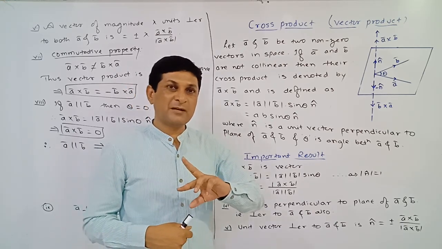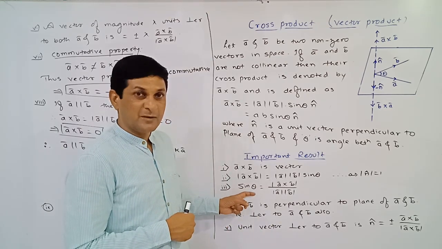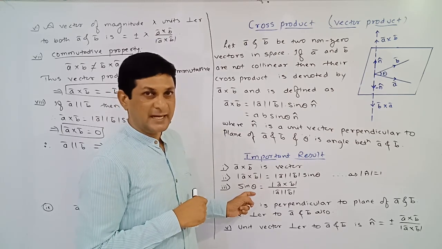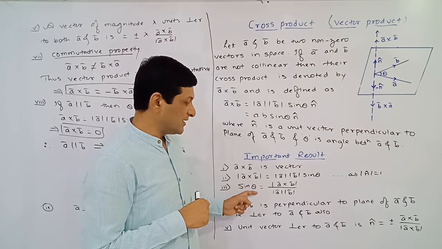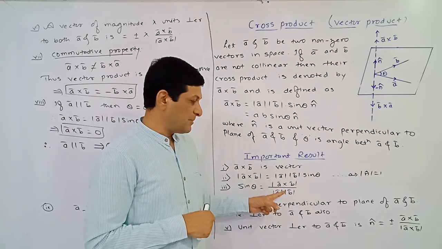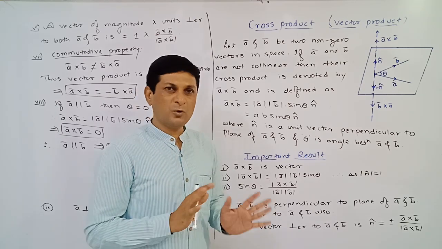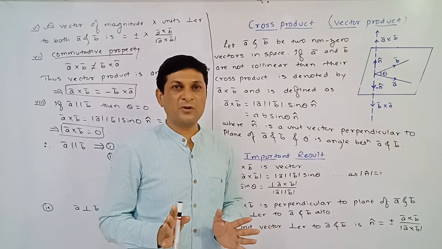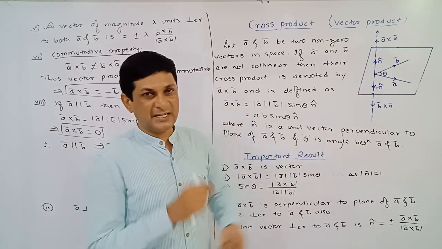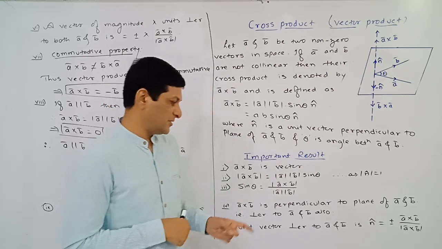That formula is applicable to find the cosine of the angle between two vectors, and this formula is applicable to find the sine of the angle between two vectors. If the question is asked to find sine theta, the sine of the angle between two vectors, at that time this formula is applicable: magnitude of a bar cross b bar upon magnitude of a bar into magnitude of b bar. But if the question is asked only to find the value of the angle between two vectors, then priority should be given to the first formula, that is cos theta is equal to a bar dot b bar upon magnitude of a bar into magnitude of b bar.